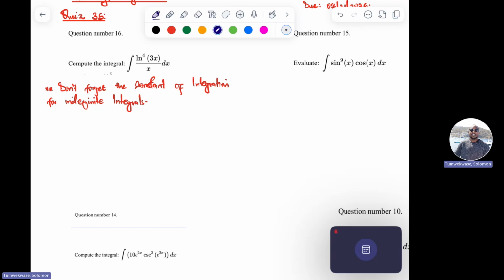If you keep forgetting that constant for so many questions, they're going to take away some points, especially for your free response question.